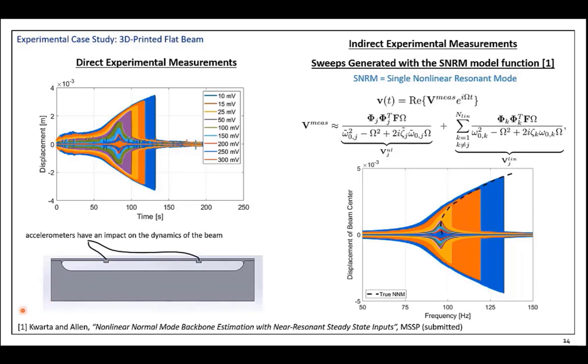Another idea is to generate the noise-free sweep sign signals using the NNM backbone measured experimentally, together with the SNRM model function, which is presented here in this formula. The experimental case study presented on a couple of next slides uses the signals generated in the latter way.